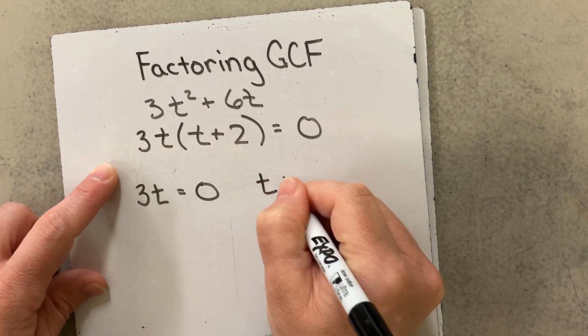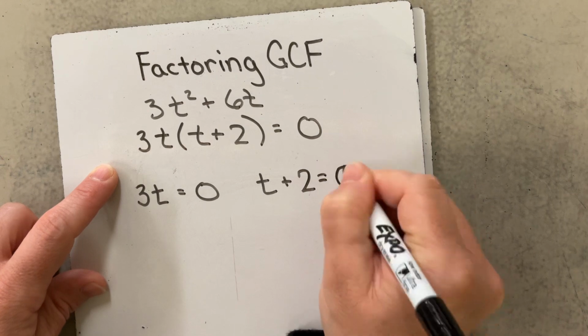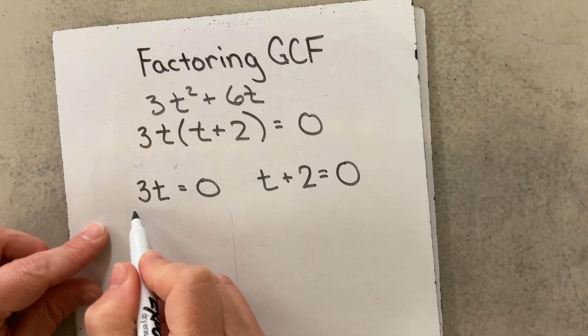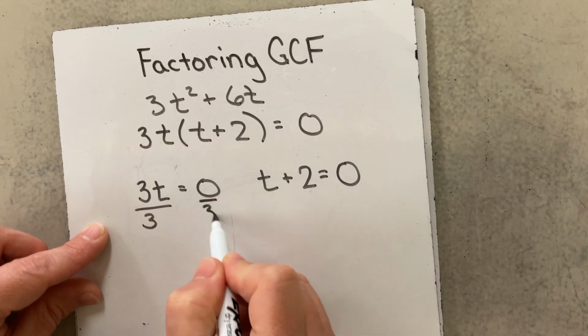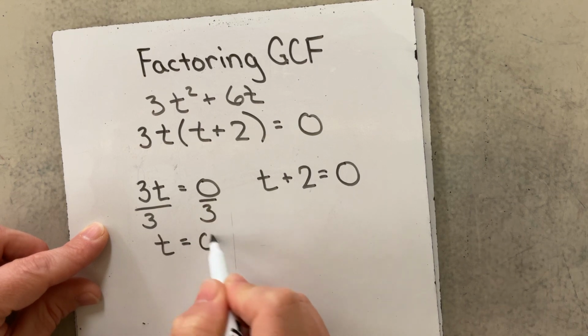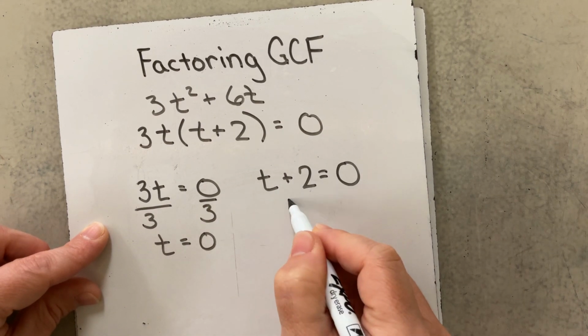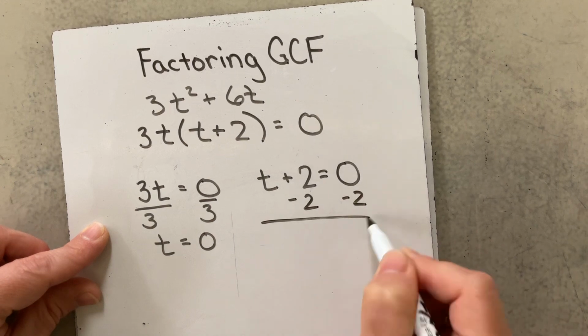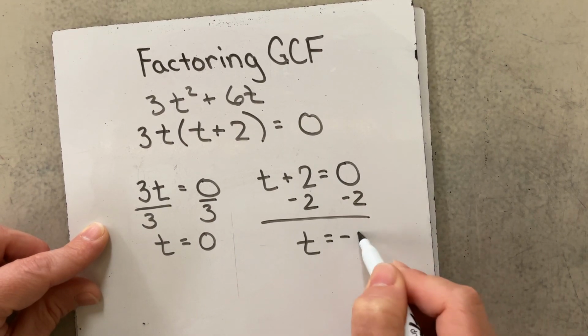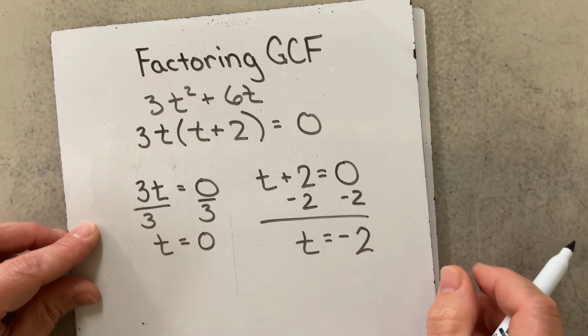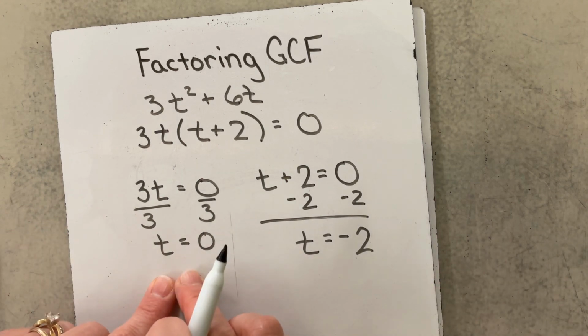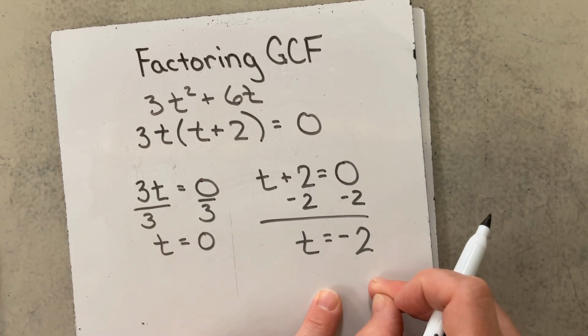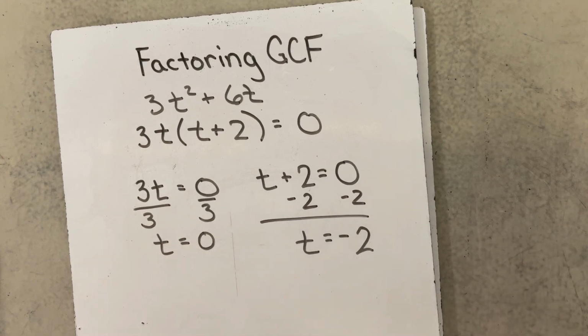When we do that, we will be able to solve for the roots. So if I divide this by 3 to solve for my t, I get t equals 0. Over here, I'm going to subtract the 2 from both sides, and I get t equals -2. Okay, so t could be 0, or t could be -2, or t could be both of these.